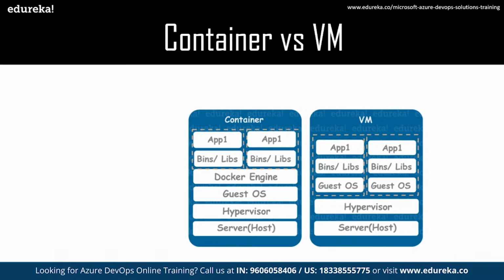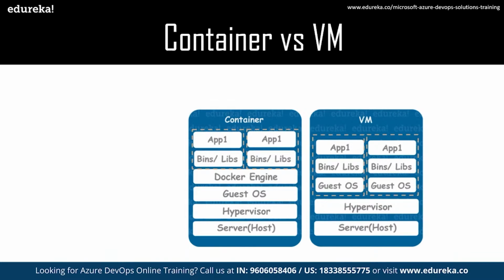Okay. But there's a catch here. When you talk about a virtual machine, you're talking about a server. On top of that server, you'd be having your host operating system on which you'd be running a hypervisor. Now, this is more of a middleware, or a service that supports all the applications that are there on top of it, including the guest operating system that we are talking about. Now, here, the problem is, as you can see, the virtual machines that you see on the right-hand side, they'll have separate guest OSs, they'll have their bins, and then on top of that, they'll be having the applications that are running.